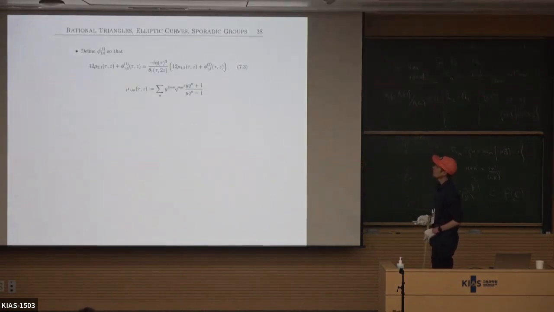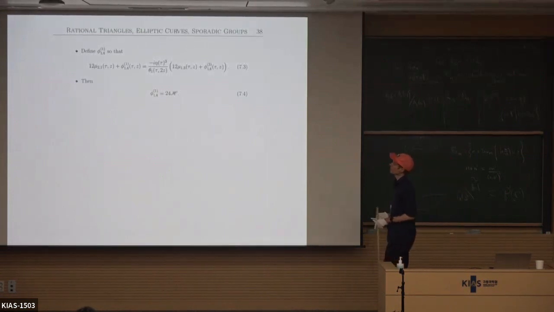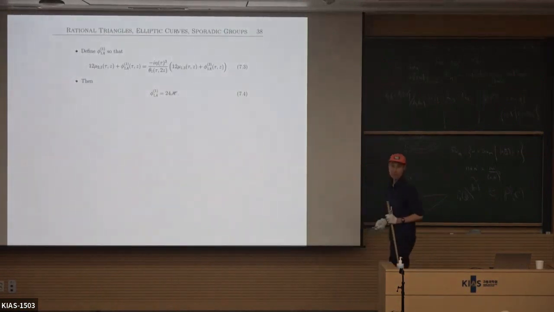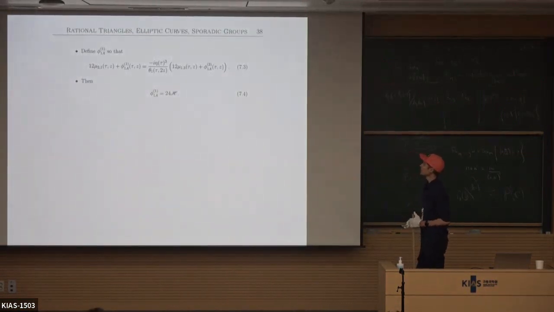Okay, so there's the concrete definition of all those other pieces. When you make this definition, you get exactly this Hurwitz class number generating function we just introduced. Well, concretely, you get 24 times that thing.